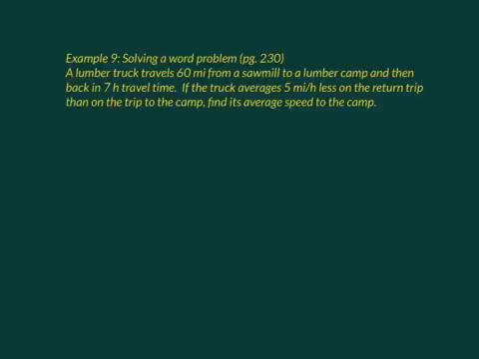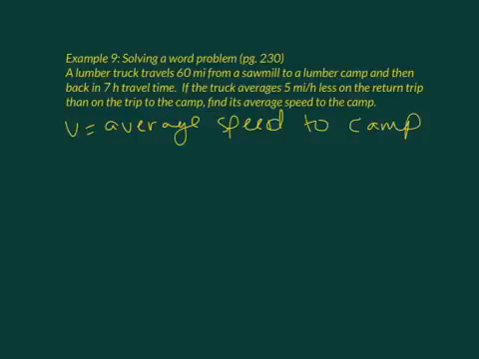So let's define some variables. Let v equal the average speed to the camp. Remember, this is in miles per hour.